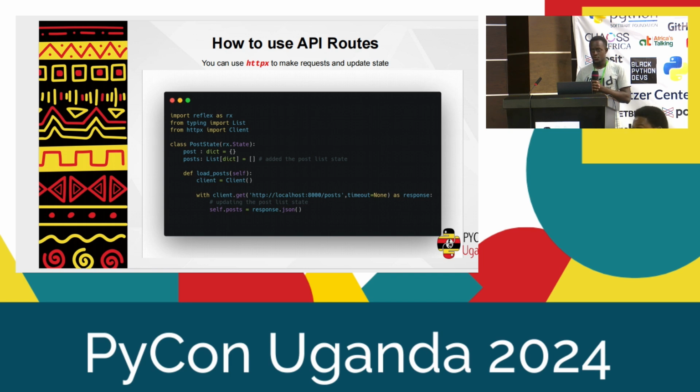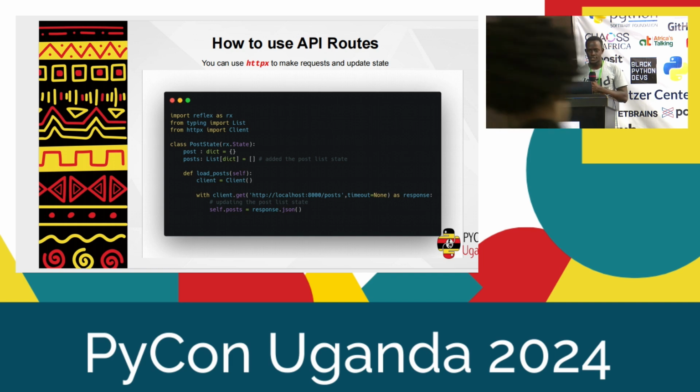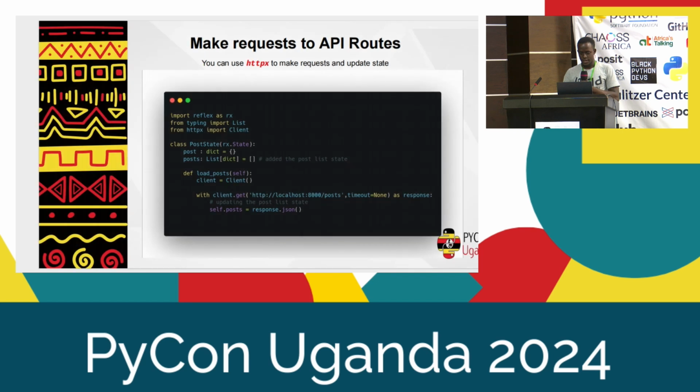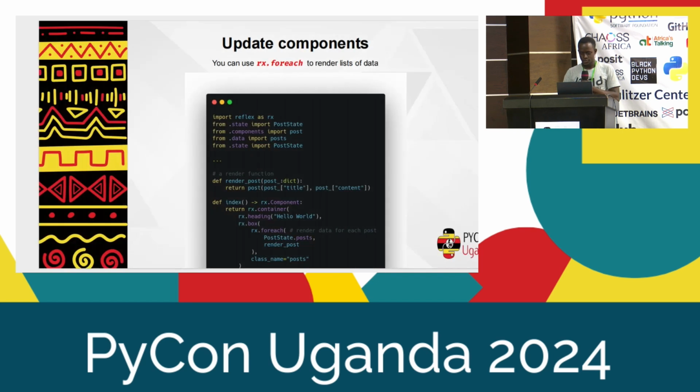That means we do not want the request to time out when it's being made. Then we return the response, which we can use to set the value of our state for our posts. Basically, since we've got the data from our API, we can populate our state, and then simply use that data in our state.